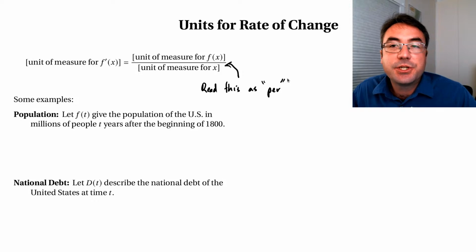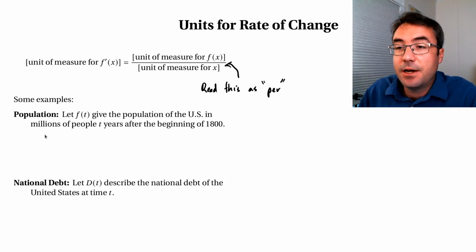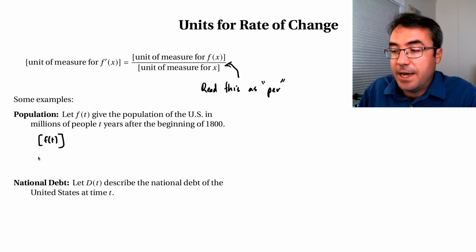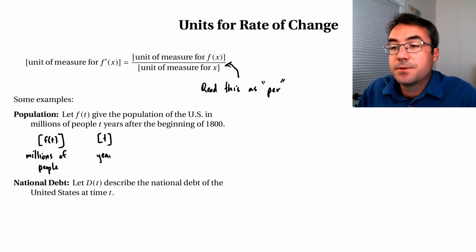So in our population example, we had function f of t, which gave the population of the U.S. in millions of people t years after the beginning of 1800. The units of measure for function f were millions of people. The units for time t were years.